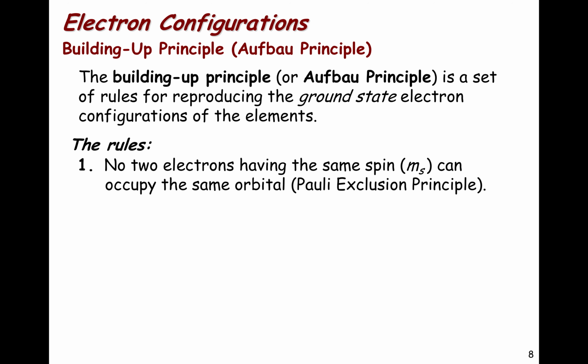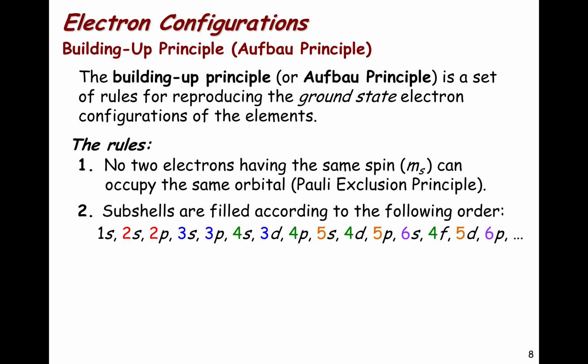So the first rule is that we can't violate the Pauli exclusion principle. No 2 electrons in an atom can have the same 4 quantum numbers. Therefore, no 2 electrons in a particular orbital can have the same m sub s values. It turns out then that we fill the subshells in the order that you see here.